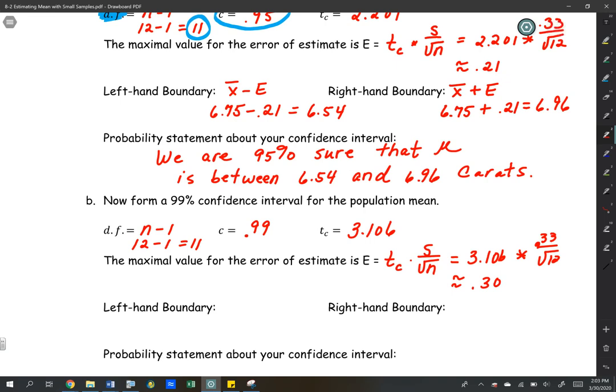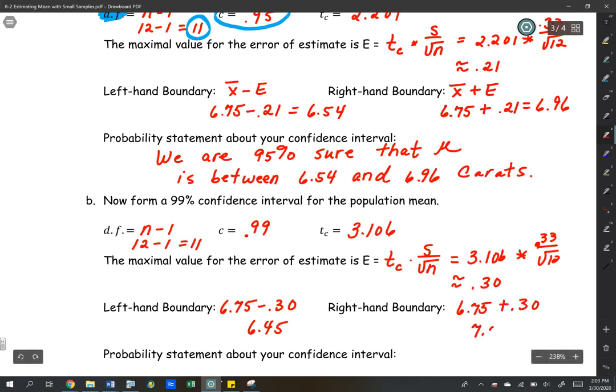The left-hand boundary is the point estimate, 6.75 minus 0.3, and that gives us 6.45. And the right-hand boundary is 6.75 plus 0.3, and that gives us 7.05.